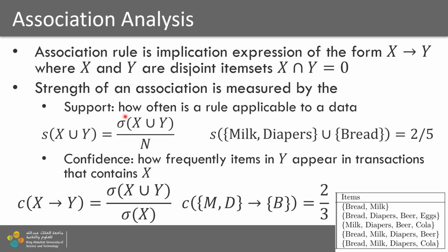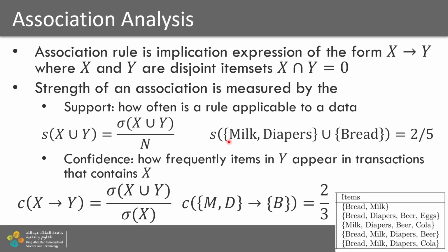So this is basically the sum of all transactions which contain both X and Y. Here, if we are looking for bread and, let's say, milk, this would appear 1, 2, 3 times, and not here and not here. So that means that we will have 3/5 support.